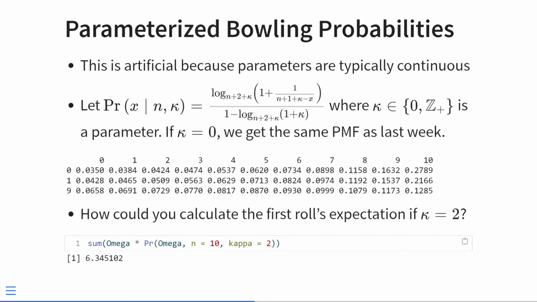If you use joint probabilities of a function involving 2 or more variables, you can get a bivariate expectation, etc. So the process is the same, but which probabilities you use depends on what question is being asked of you, or what question you are asking yourself. All right. So by changing kappa, we can change the expectation of a first roll of a frame of bowling.